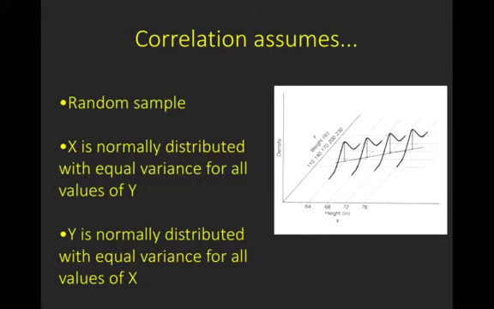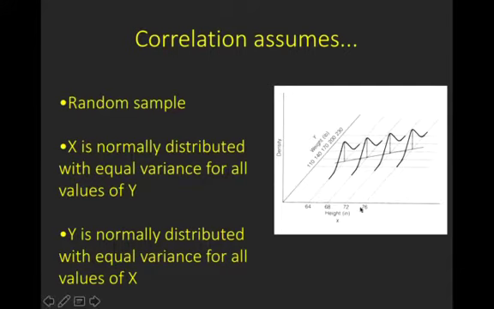Whatever it is, you've randomly sampled your population. Because we're working with two numeric, whether discrete or continuous, variables, the other two assumptions are kind of interesting. So we're assuming that x is normally distributed, meaning it has equal variance and standard deviation for all values of y.